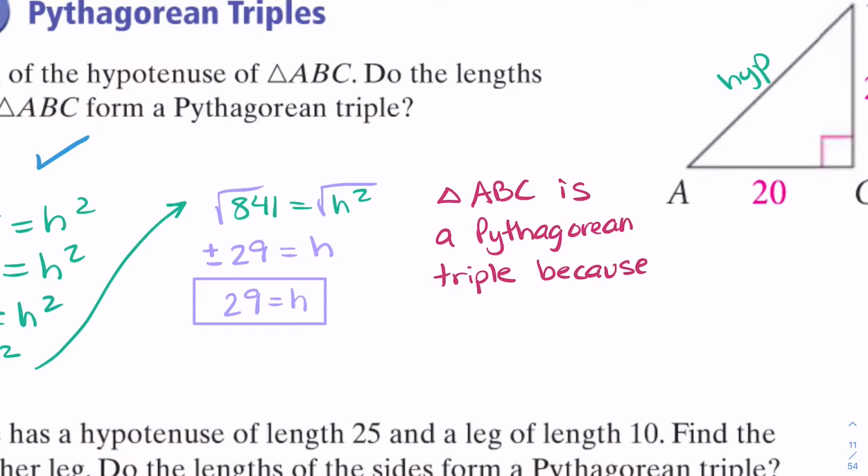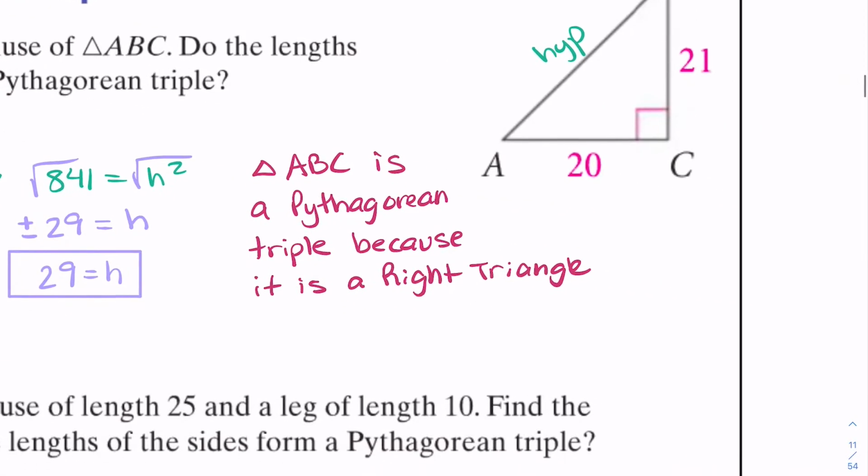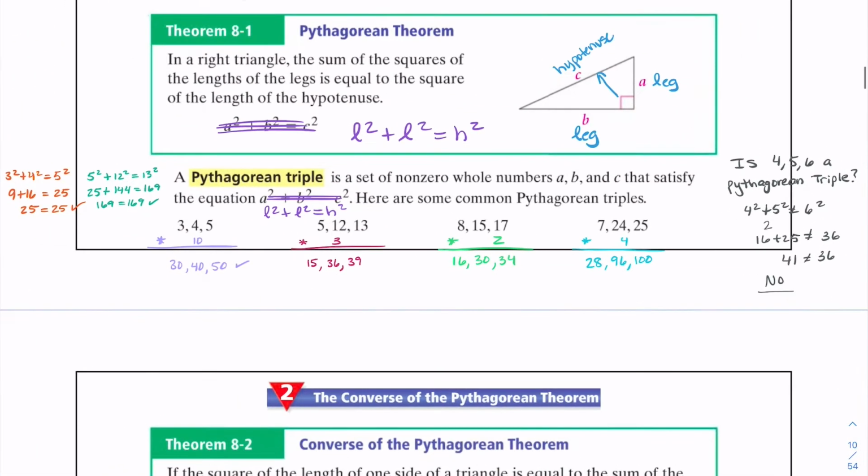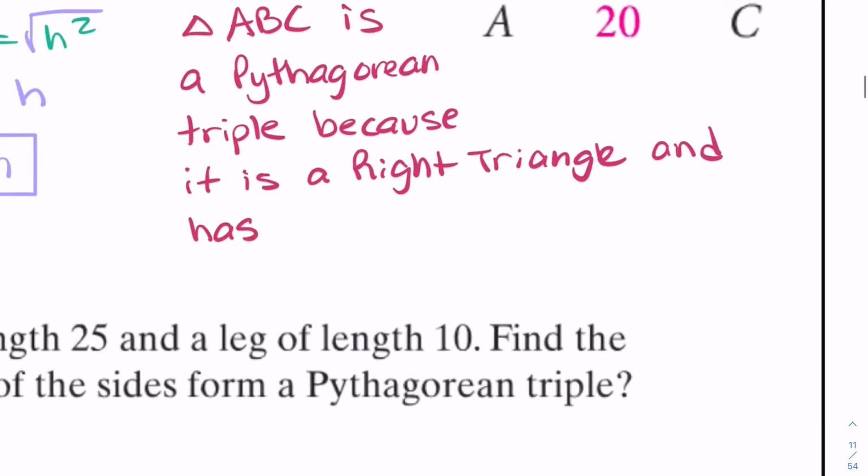Because it is a right triangle and has, what did they describe it as? Non-zero whole number side lengths.